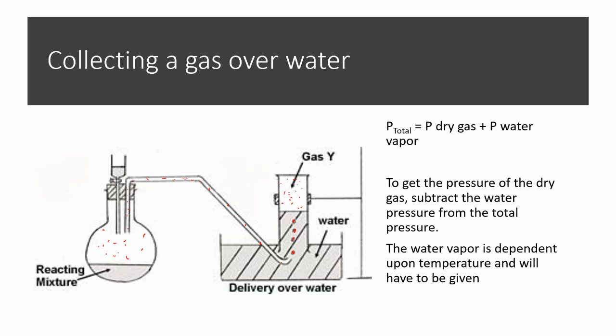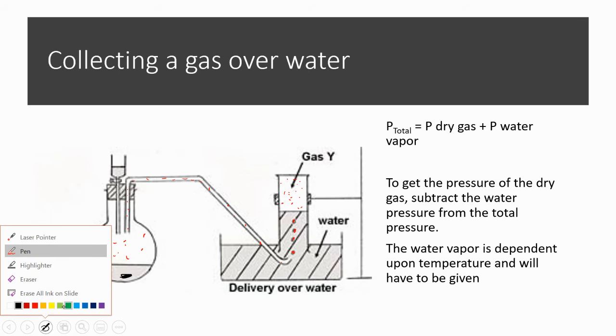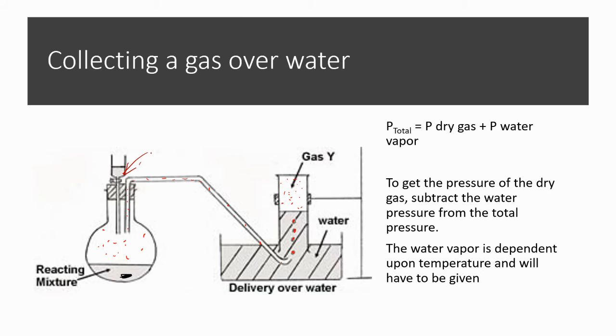So this could be like you had some zinc in here, and then you squirt some HCl, which is what this is doing here. So this is like HCl that you squirt into zinc, and then that forms H2 gas, and that H2 gas would then go up this tube, bubble through the water, and then collect up there.